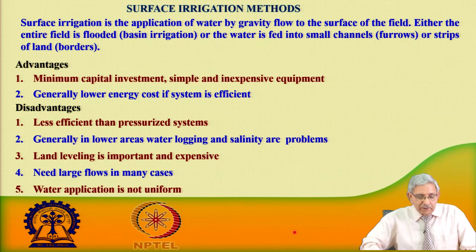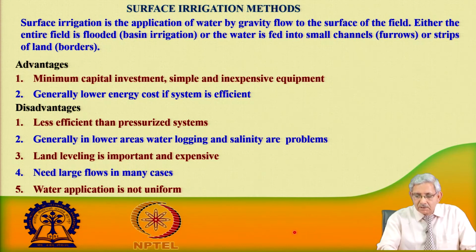There are some disadvantages. It is less efficient than a pressurized system, because the water is not smoothly reaching all the points of the system as we find in a pressurized pipe irrigation system. From the application point of view, it is not efficient, and the lower areas or upper areas have their own problems. The lower area gets flooded, causing water logging, and when the water stagnates for a longer time, salinity problems come.